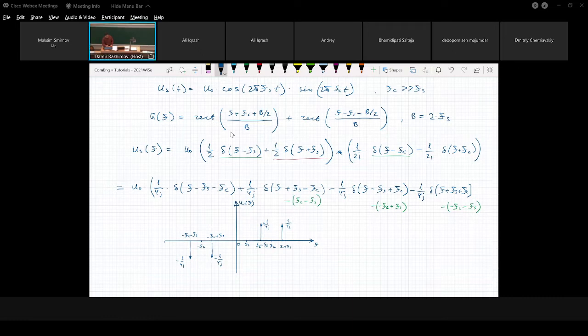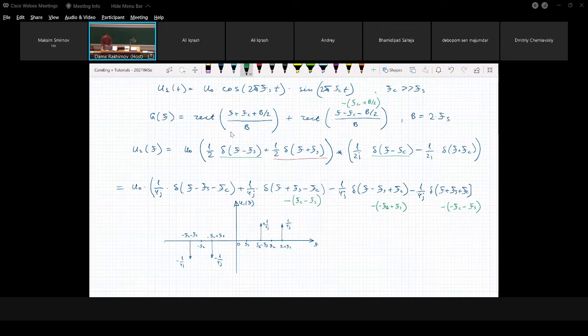And now let's analyze our transfer function. We have 2 rectangular pulses. I think we can start with the second one. What's the frequency for the second rectangular pulse? We have minus the carrier frequency plus beta over 2.